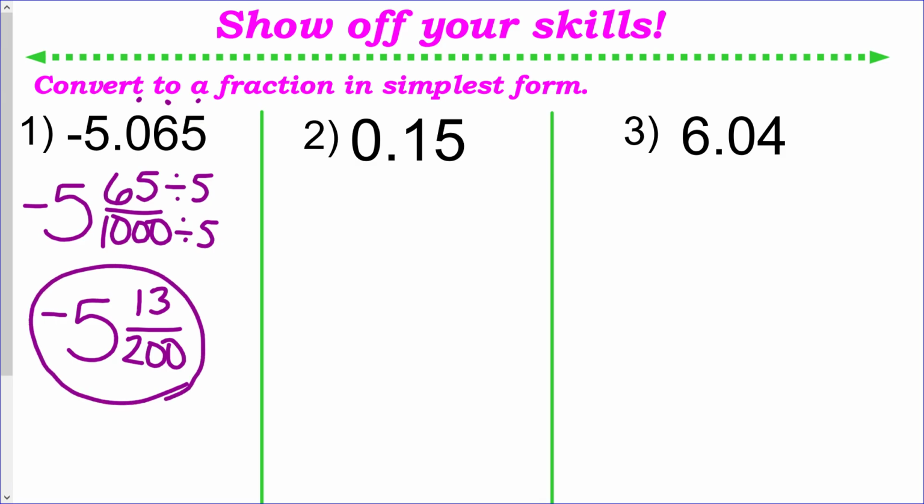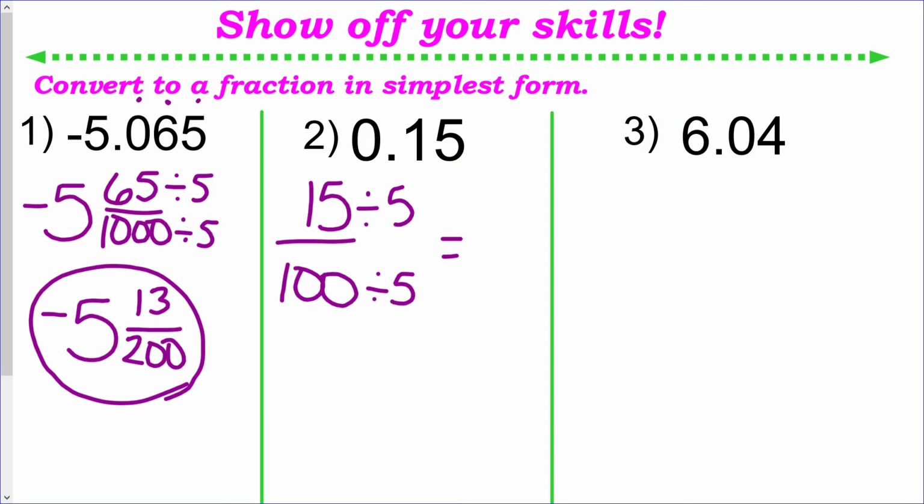The next one, hopefully you did 15 hundredths. Love it again because it ends in 5 and 0, so we know 5 can go into both of them. 15 divided by 5 is 3, and 100 divided by 5 is 20.